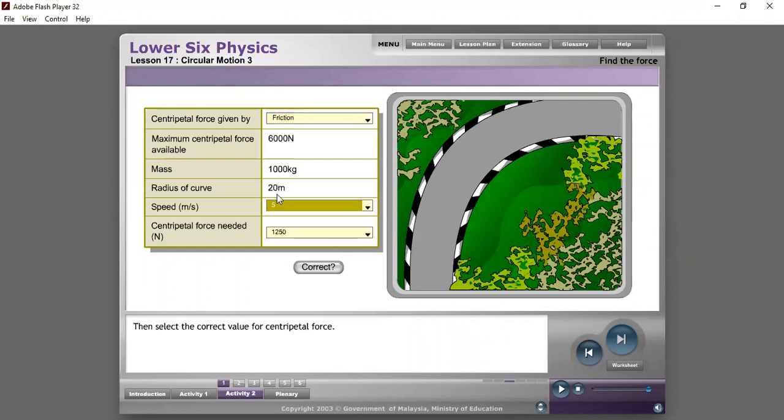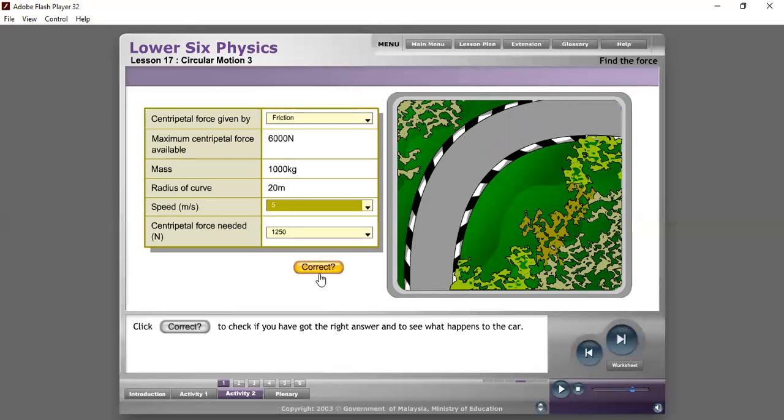What is the radius? Radius is equal to 20 meters. So from here, we get that the centripetal force is equal to 1250 Newton. Click the correct button to check if you have got the right answer.